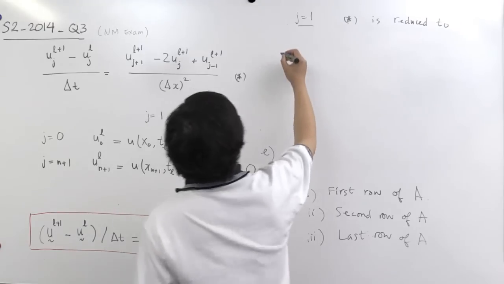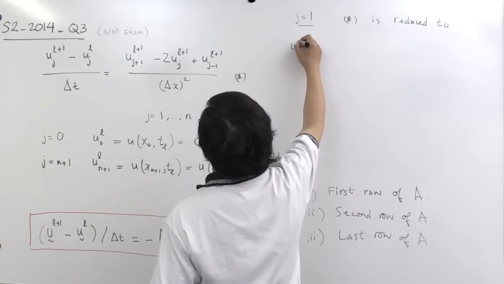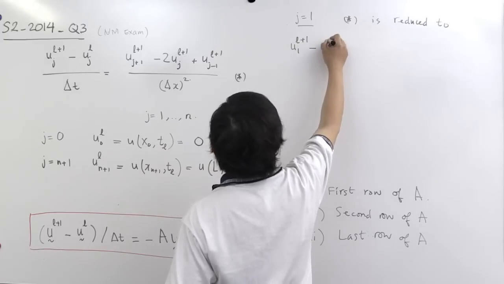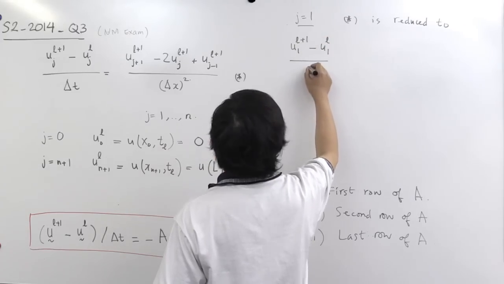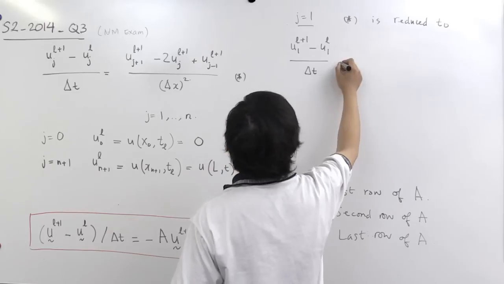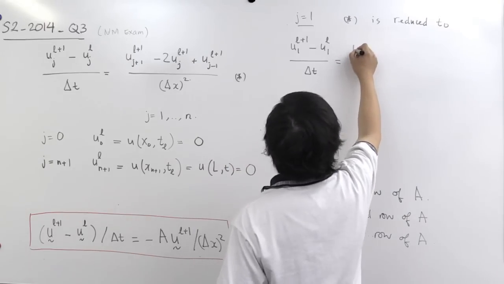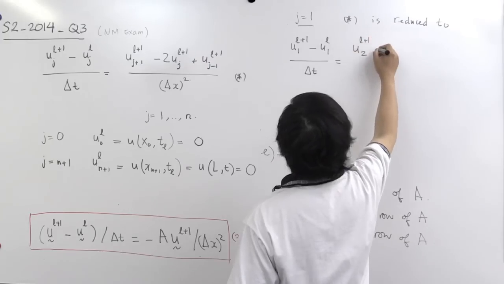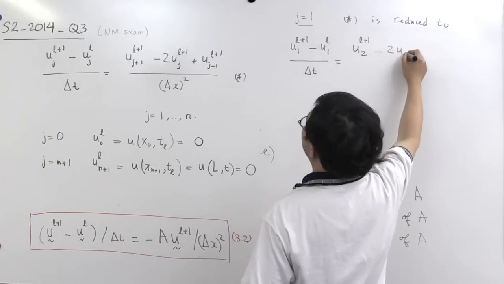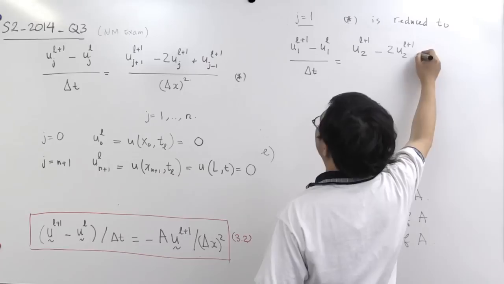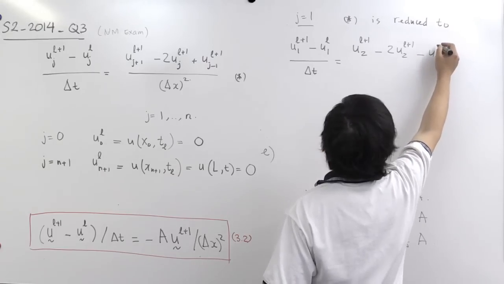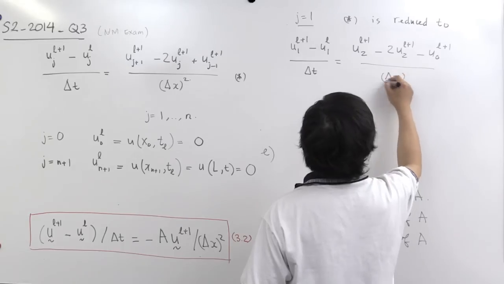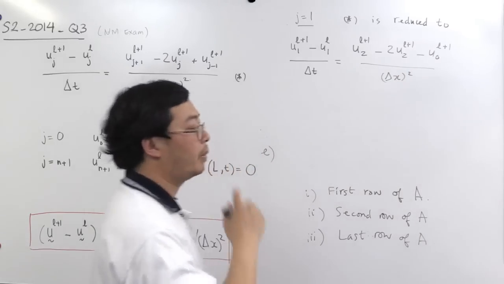You get u_1^{l+1} minus u_1^l divided by delta t equals u_2^{l+1} minus 2u_1^{l+1} plus u_0^{l+1} divided by delta x squared. Right?